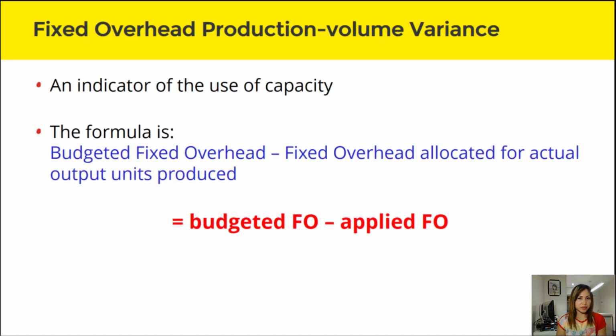The second type is production volume variance. The second type of fixed overhead cost variance will tell you the indicator of the use of capacity. So the formula for this variance is budgeted fixed overhead cost minus applied fixed overhead cost.